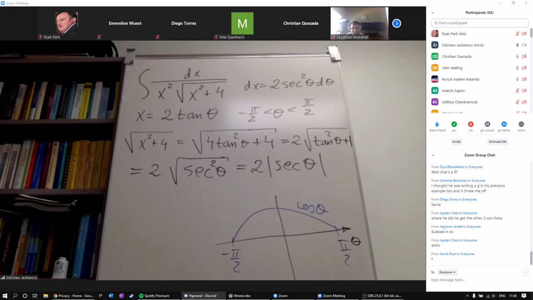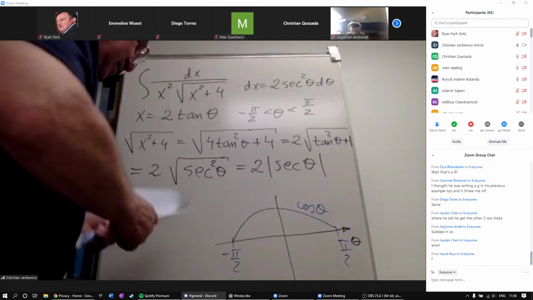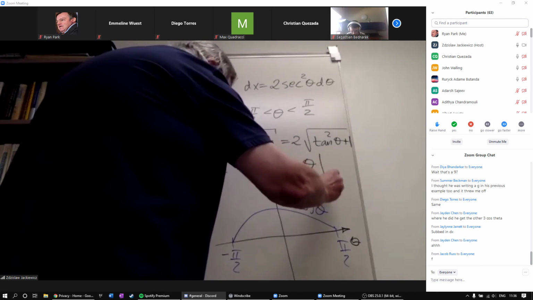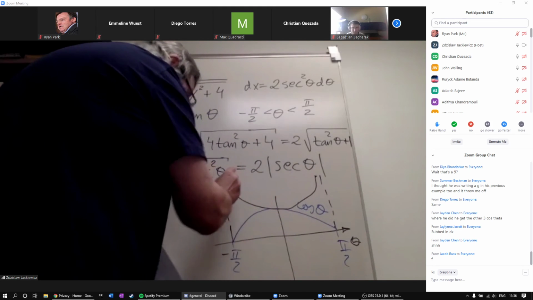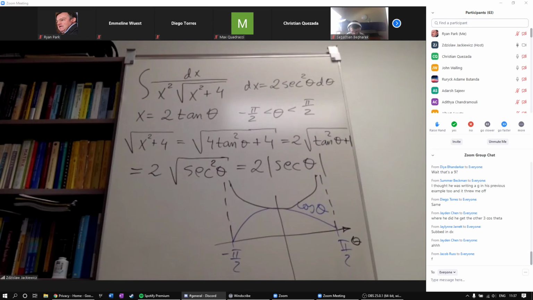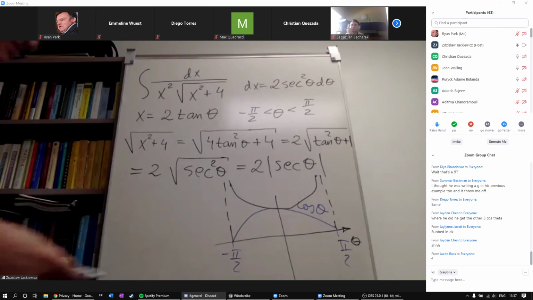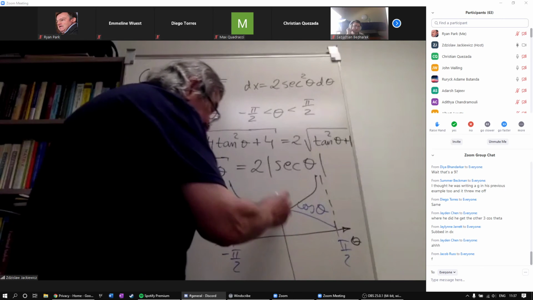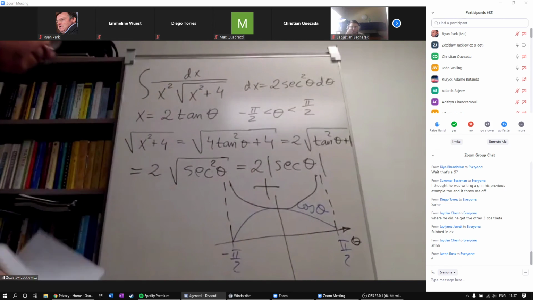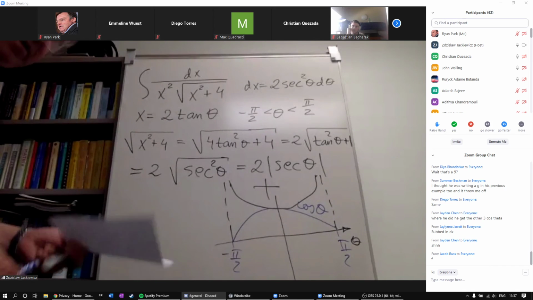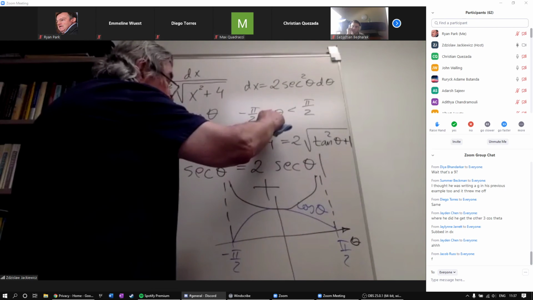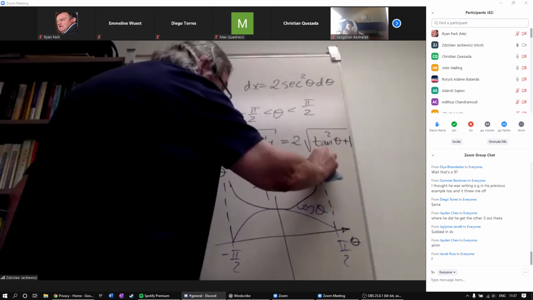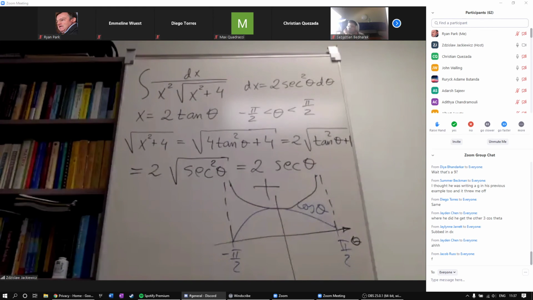And of course, secant is 1 over cosine, so secant looks like this. It has asymptotes at pi over 2 and minus pi over 2. But secant between minus pi over 2 and pi over 2 is always positive, so we can skip the absolute value. That is why this interval was chosen. Okay, so we have everything.